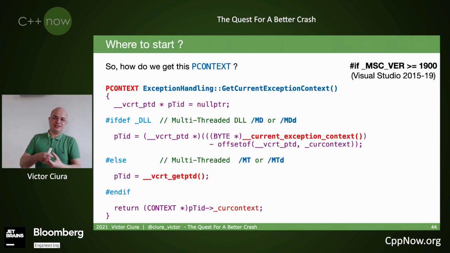For example, if you're statically linking to the CRT or dynamically linking to the CRT. If your application is dynamically linking to the CRT and you deploy the CRT, or you depend on the CRT on the system, then it's slightly different.